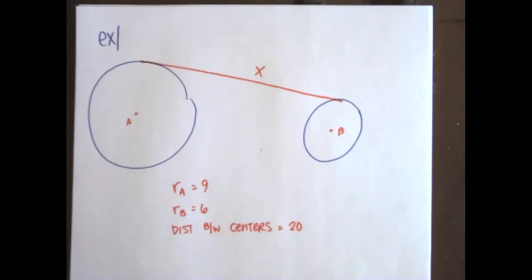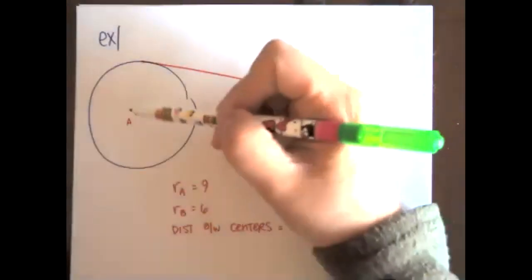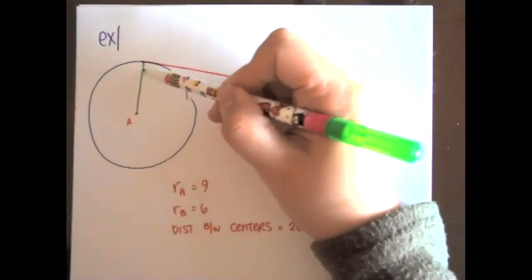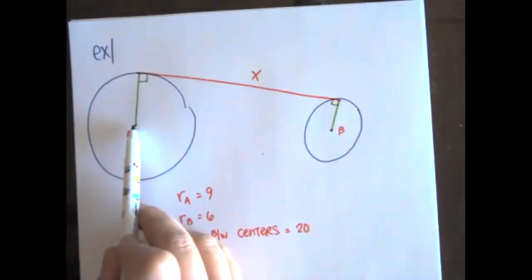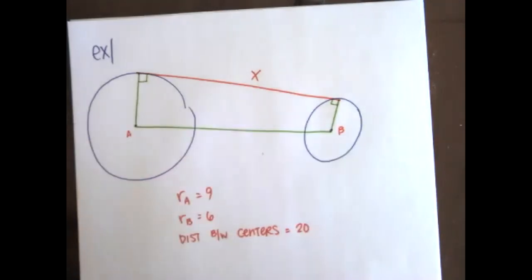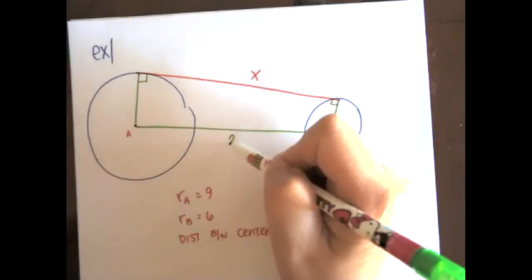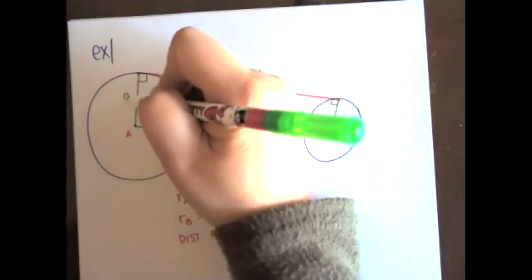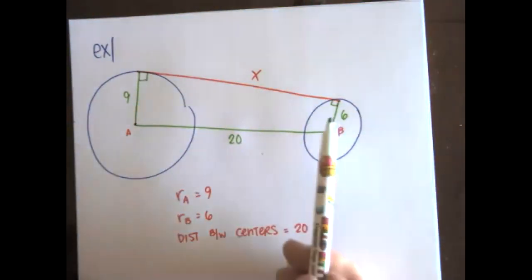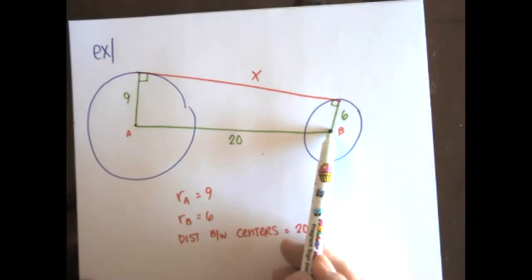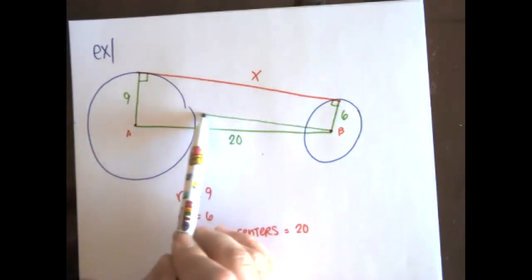Okay, so for this one, it's going to look just like the other one. Radius to tangent, radius to the tangent, right angle. Join these centers, which is 20, and this is 9, this is 6, and then we're going to draw the line parallel to this.